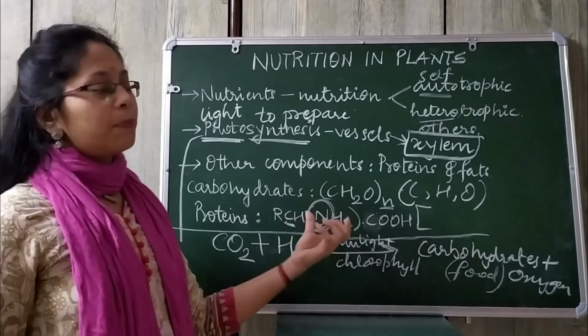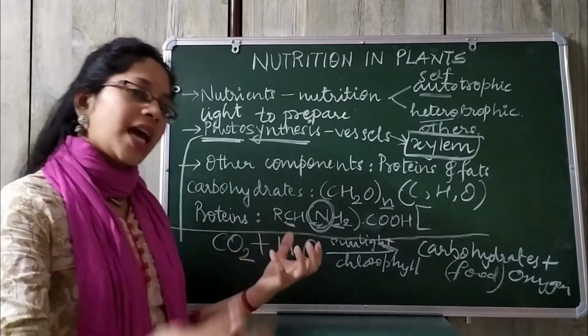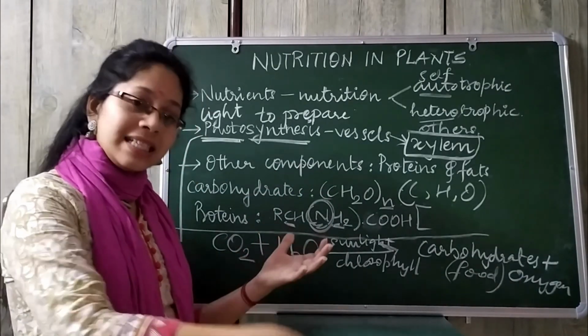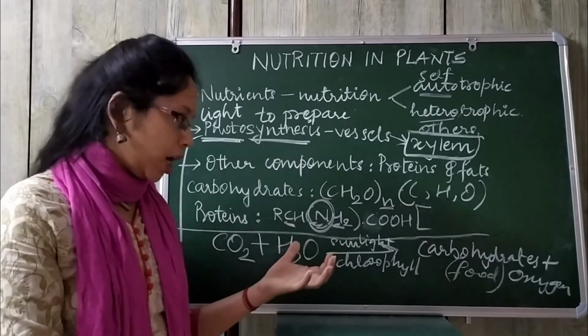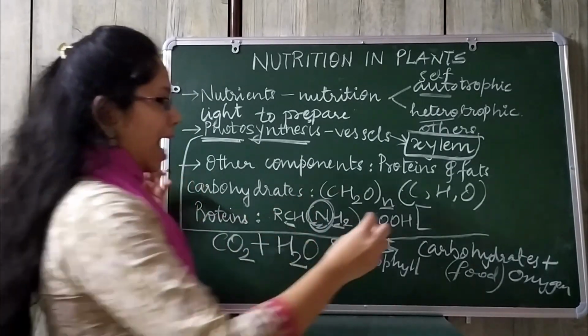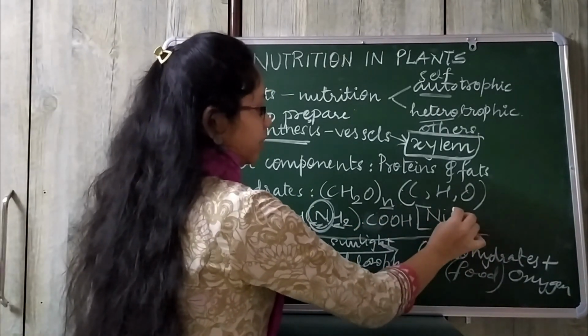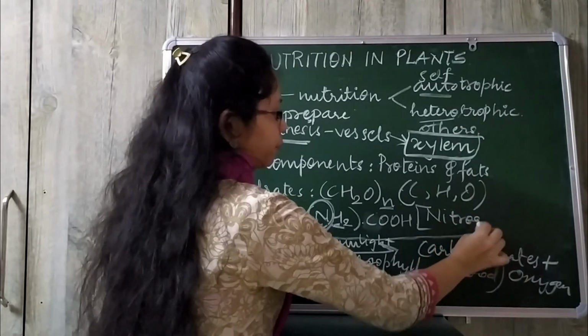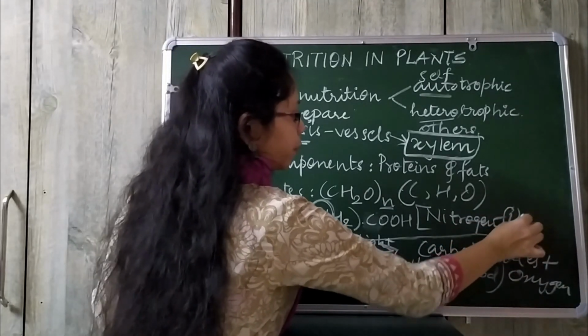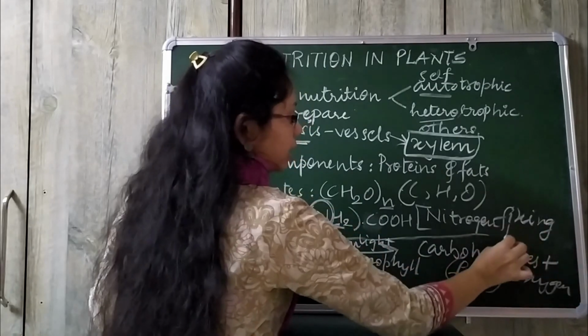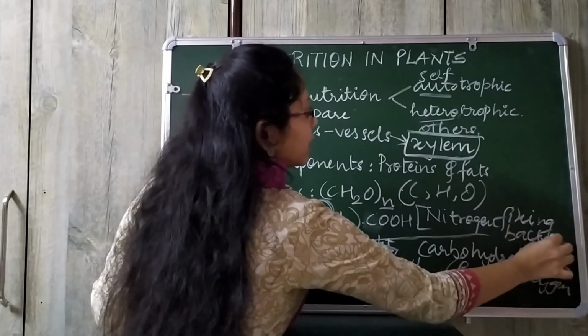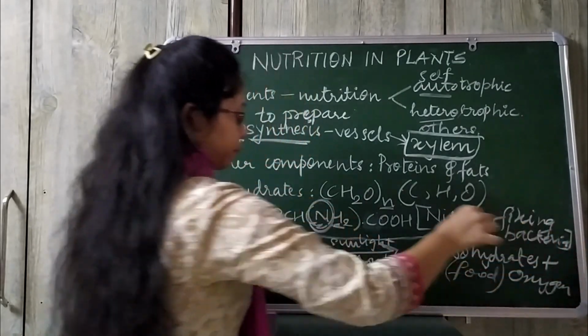Okay. So these plants have some organisms which live inside the ground, in the soil. These are called nitrogen fixing bacteria. Okay, so what will these bacteria do?